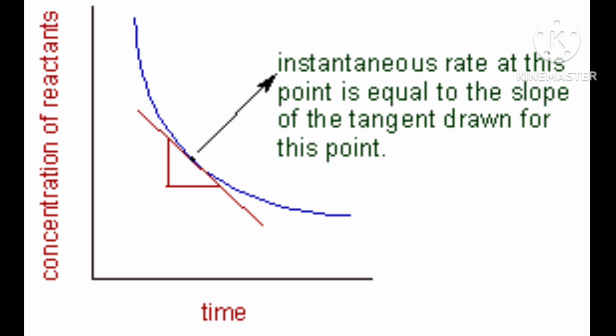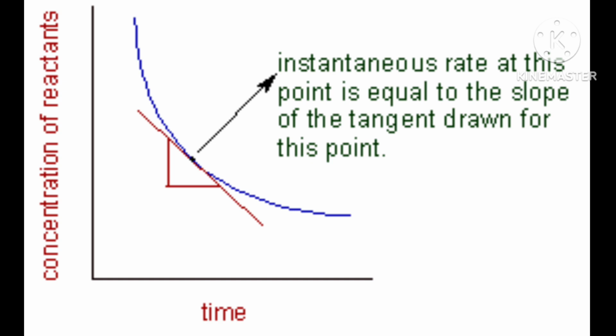Correct? Rate of decrease of A is equal to rate of decrease of B, equal to rate of increase of product C, equal to rate of increase of product D. All are equal. Then this is a very conceptual thing I have discussed. Okay.